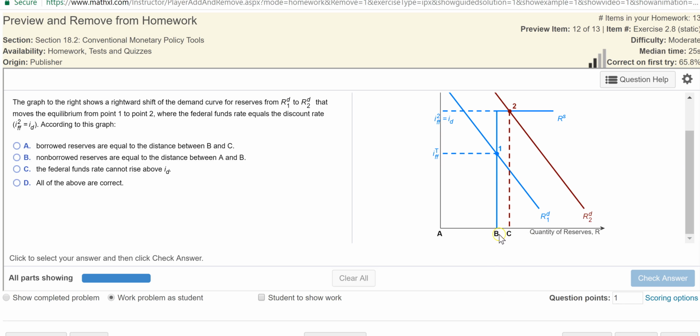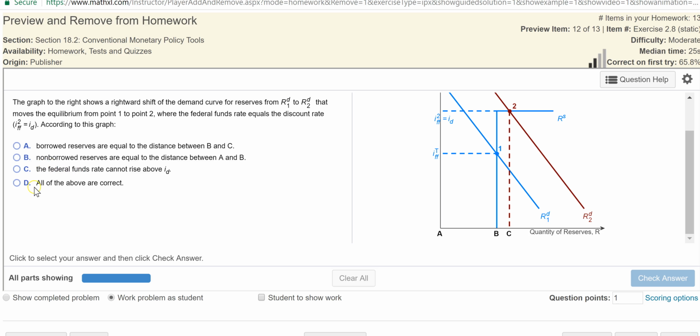And if you look down, that's basically the distance between B and C. As we said, the distance between A and B, that's the non-borrowed reserves through the open market purchases. So borrowed reserves are equal to the distance between B and C. As we just explained, this is actually correct.